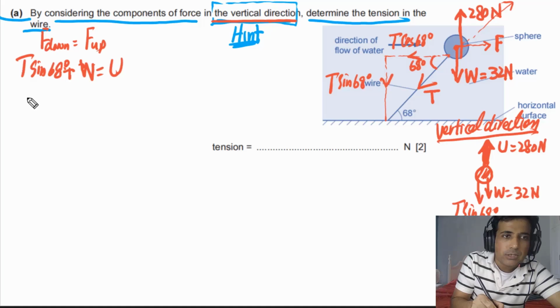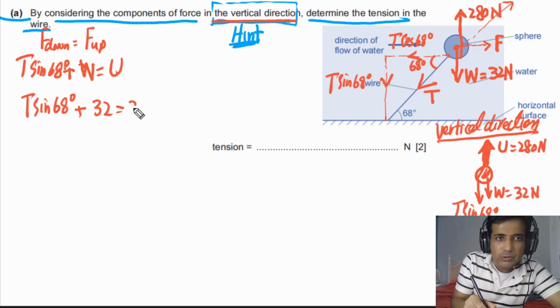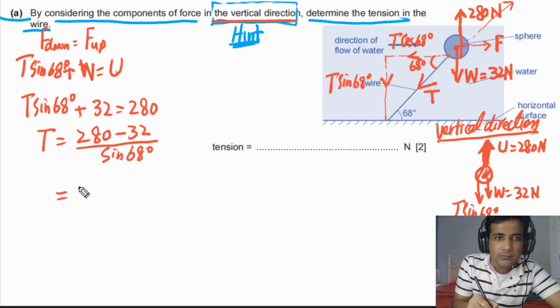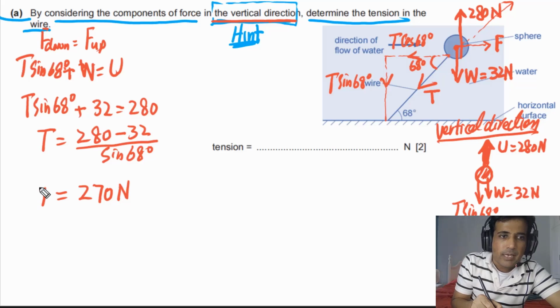W is equal to 32 and U is equal to 280. We need to find the value of T. So simply we can write T is 280 minus 32 divided by sine of 68 degrees. If we solve this, the value of T will be equal to 270 newtons. This is our final answer.